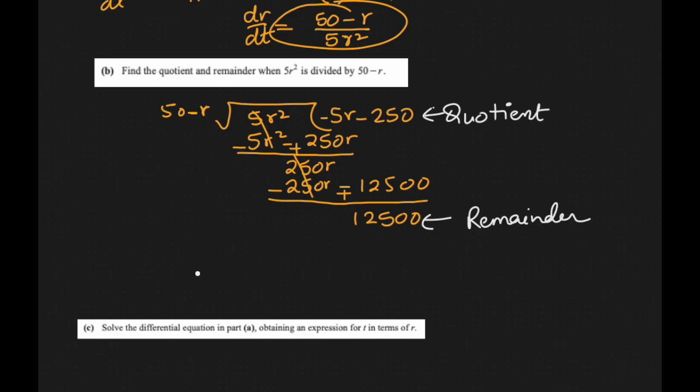All right, solve the differential equation in part A, which is this one, obtaining an expression for t in terms of r. 50 minus r over 5r square was dr over dt. To solve differential equations, r should be with r and t should be with t.